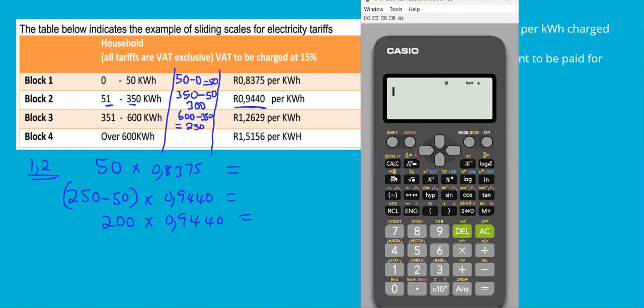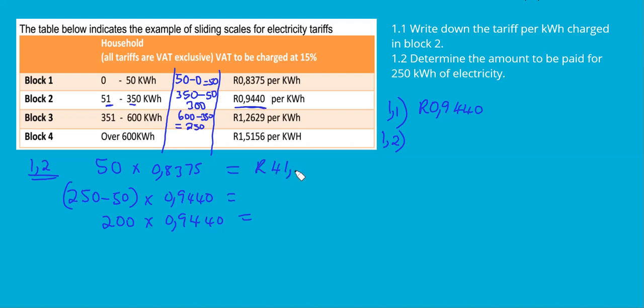What do we get here? Let's just see if we punch it in. So if we say 50 times 0.8375, this is what you get: 41.875. What about in the second category?